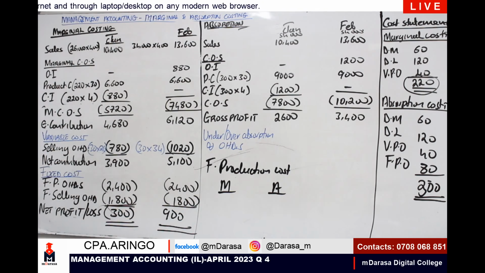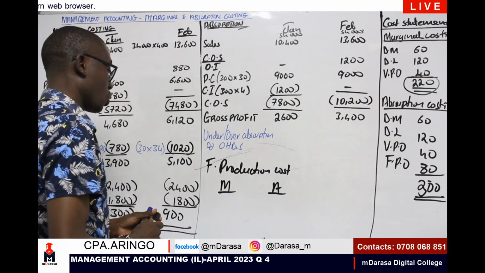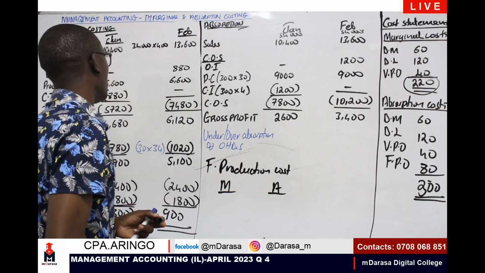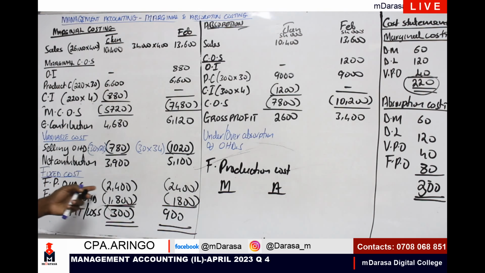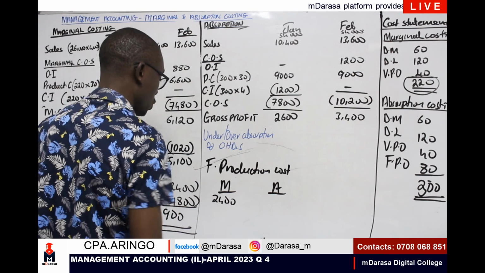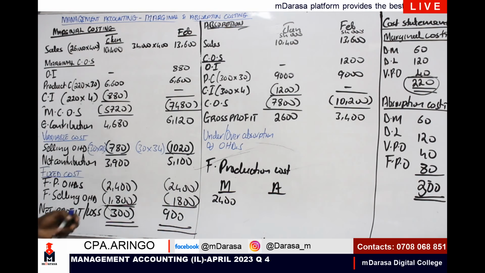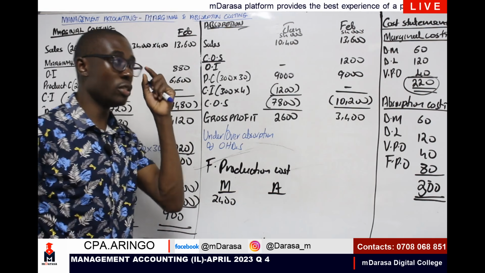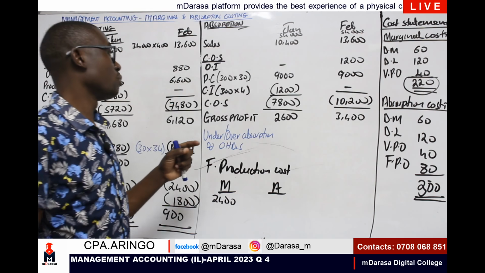So let us compare this. Number one, marginal fixed production overhead was 2.4. Under absorption, that will be simple.